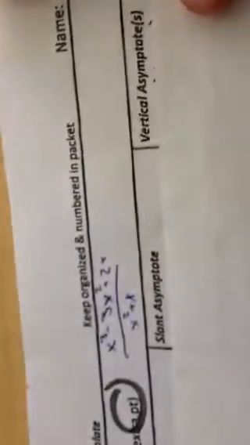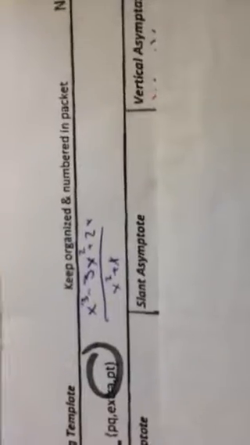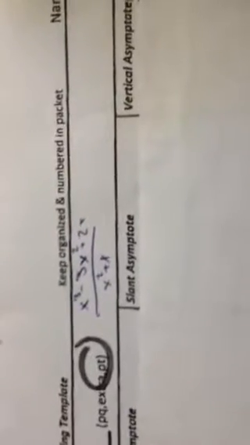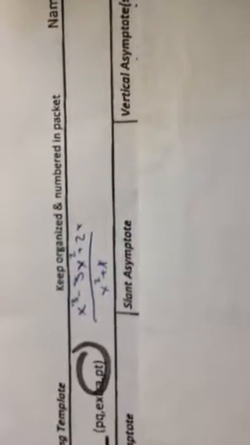Now, the rule for finding a slant asymptote is that the degree on the top must be 1 bigger than the one on the bottom, and we see that x cubed is 1 bigger than x squared. So, by 1 degree, there's a slant asymptote. To find where it's at, the equation has to be in y equals mx plus b form, since it's a straight line.